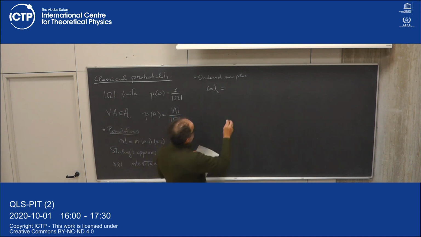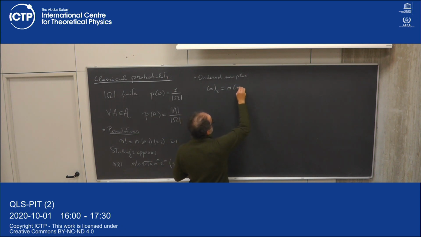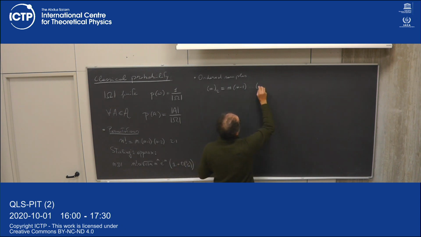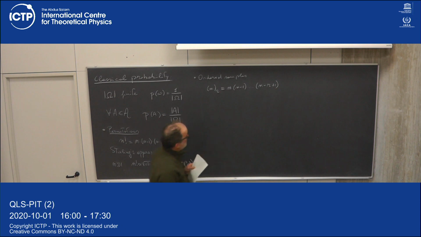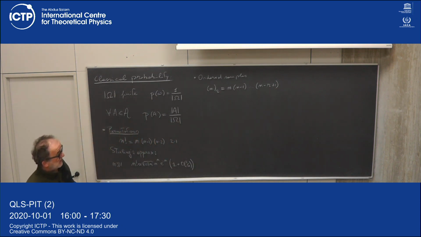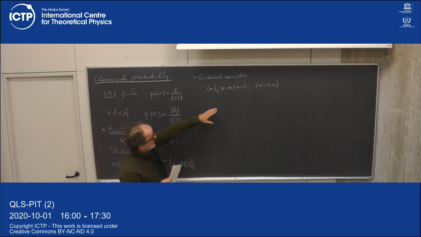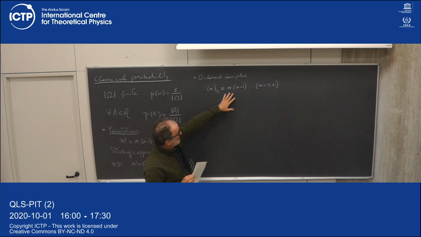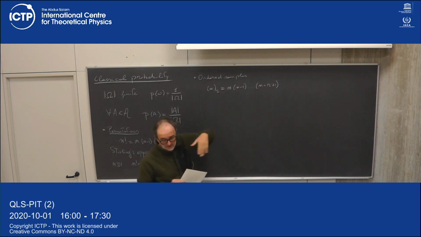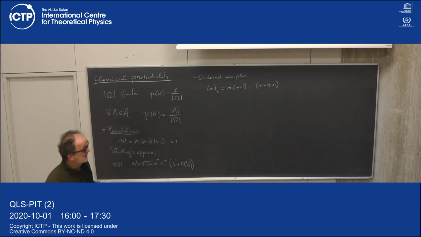And so the first object can be chosen in n ways, the second one can be chosen in n minus 1 ways, etc., etc. And the last one, the r-th object, can be chosen in n minus r plus 1 ways. Okay? So this is an object which comes frequently when you do sampling without replacement, when you are sampling from a system without replacement.